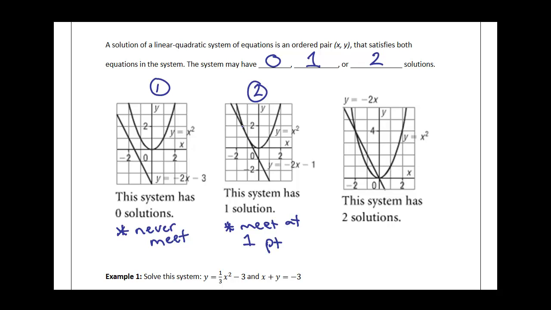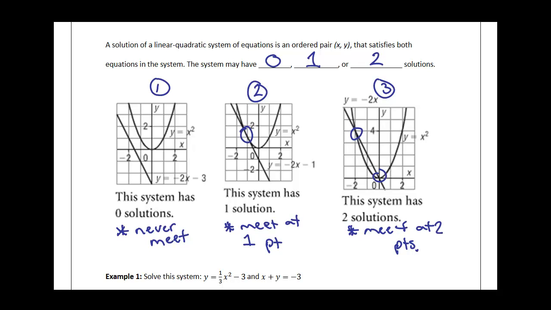They kind of just kiss, they just touch here at one point. Our last graph here shows the system that has two solutions because they meet at 2 points. They intersect. So the line goes right through the parabola and intersects at 2 points.